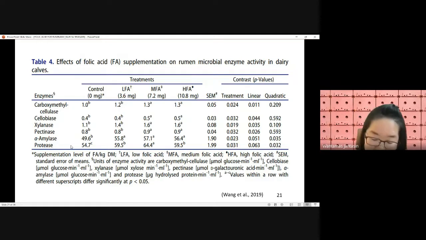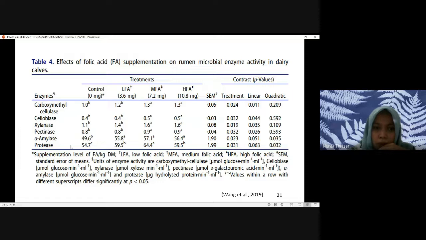And also together with microbial population. From this slide, my question is: is there any relation between folic acid, when we supplement folic acid, that they have increased enzyme or reduced enzyme?